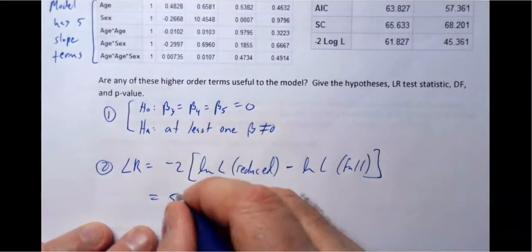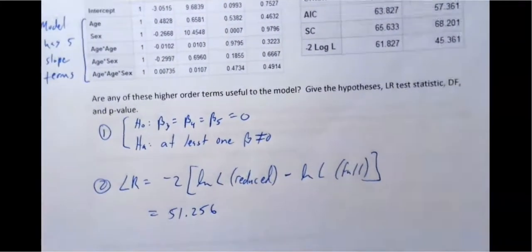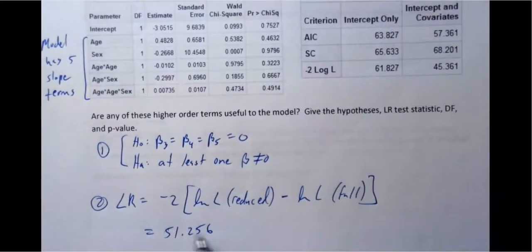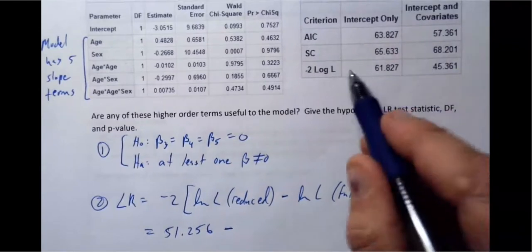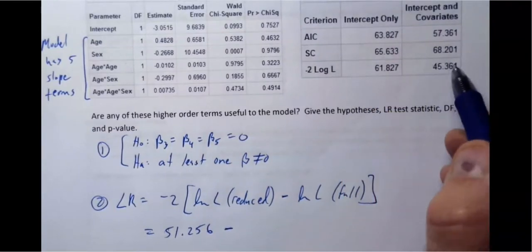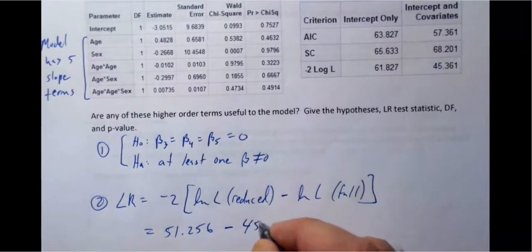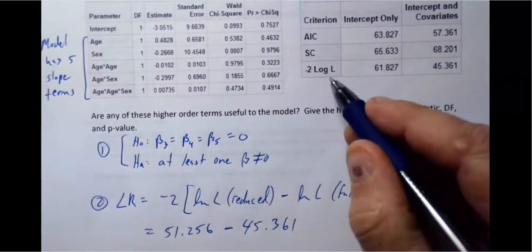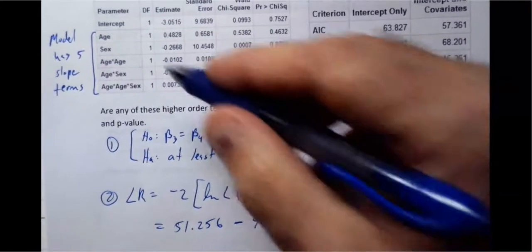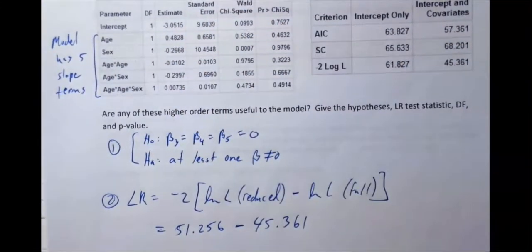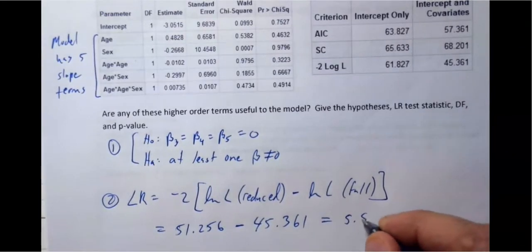And negative 2 times the log likelihood for the full model is 45.361, the negative 2 log likelihood for the full model that has the intercept plus all these other terms in it. If you calculate that out, it'd be 5.895.